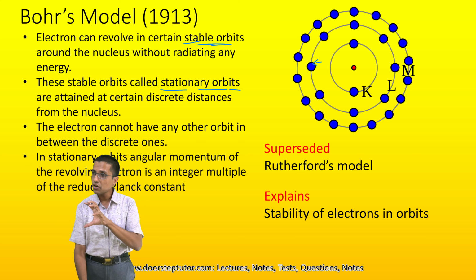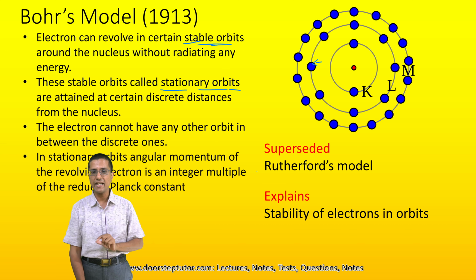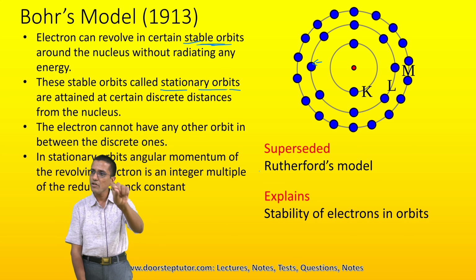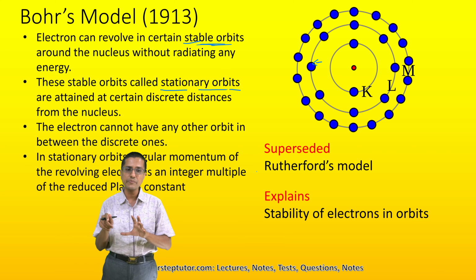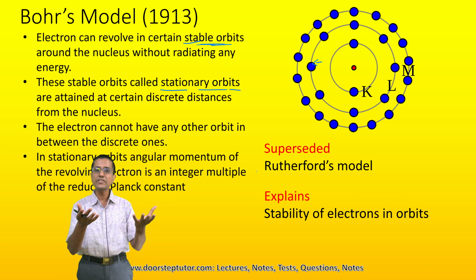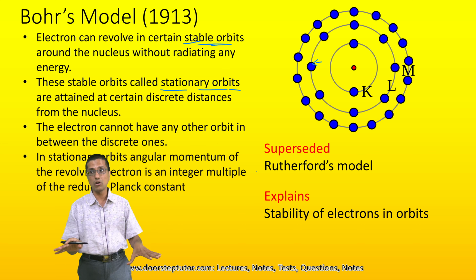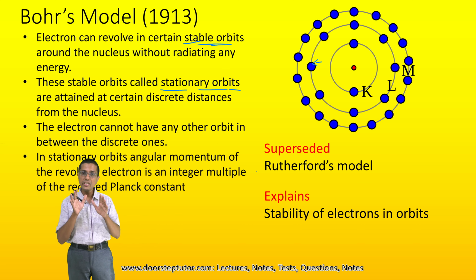And these stationary orbits occur at very specific locations inside the atom. And if an electron is inside one of these special orbits, revolving there around the nucleus, then it would not lose energy. So the classical physics problem is actually solved. Okay, and this was the quantum mechanical model of the atom.